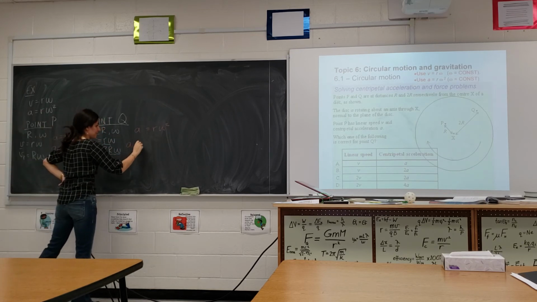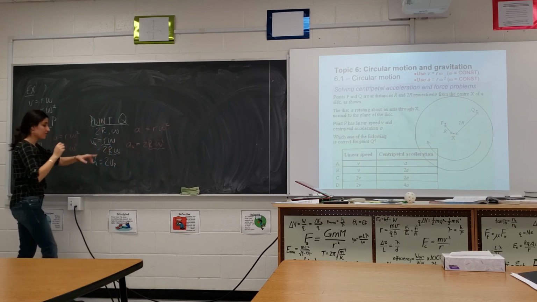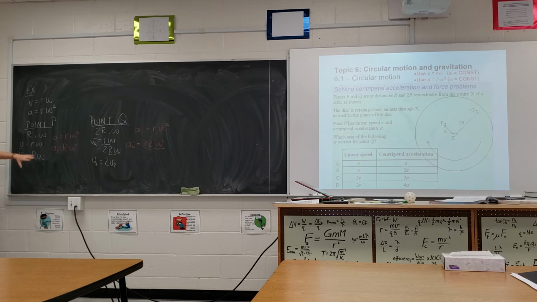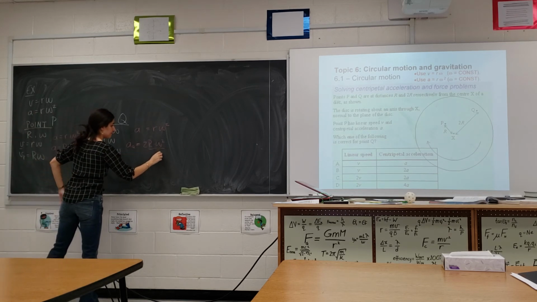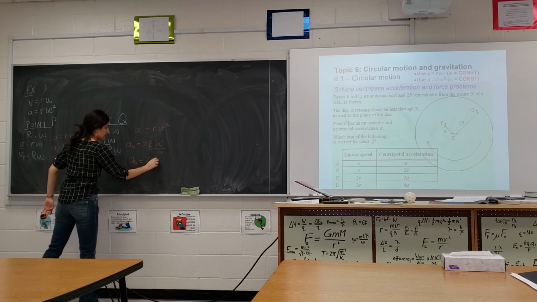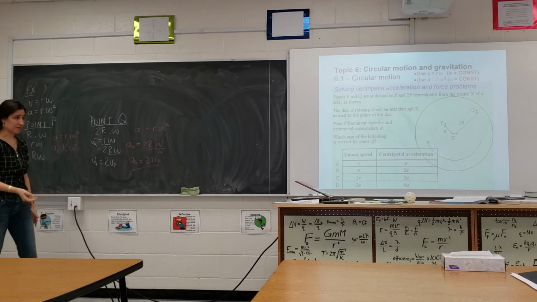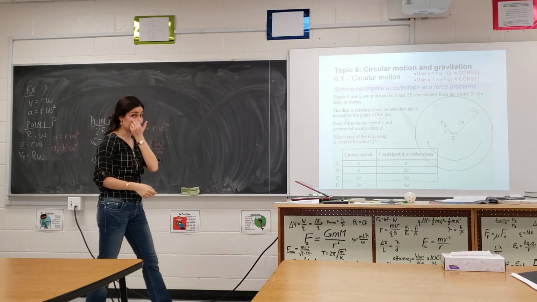It's the same factor, 2R, omega is the same, while Rω² is the acceleration of P. So now I have the acceleration of Q is 2 times the acceleration of P. So that means it's also doubling, which means the answer is C.